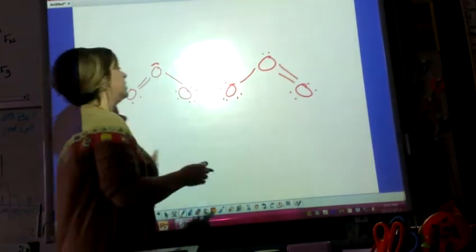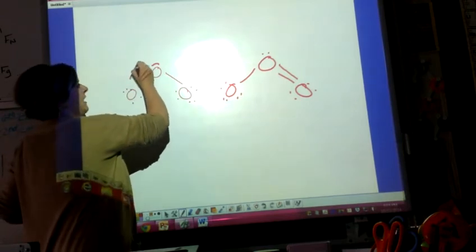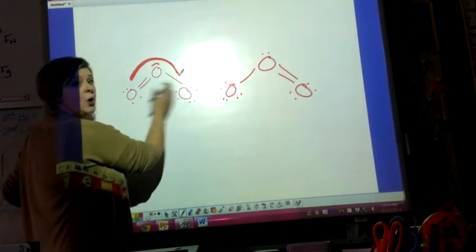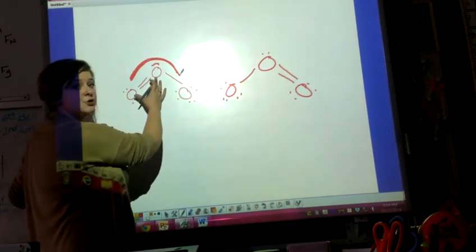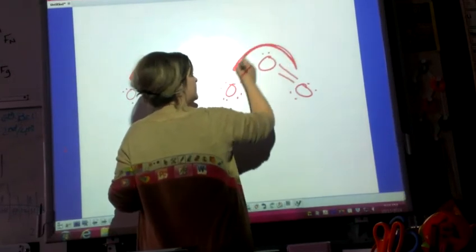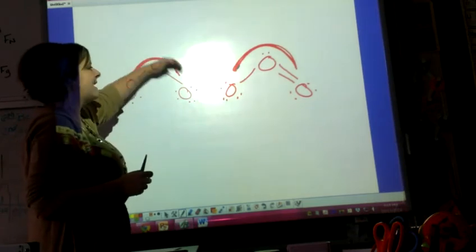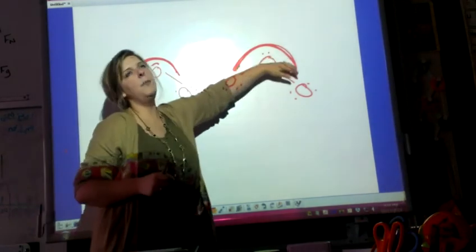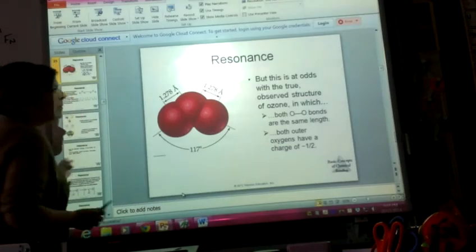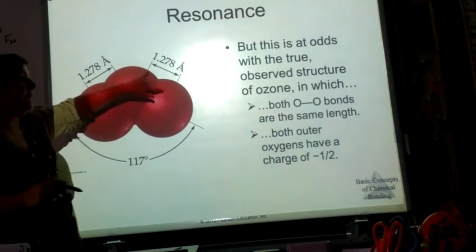What we find in nature, it's actually a hybrid of the two of them. So usually I think about the electrons as kind of being evenly distributed between these two oxygen molecules that surround that central oxygen atom. So when we find in nature ozone, we find that the bond lengths are the same.